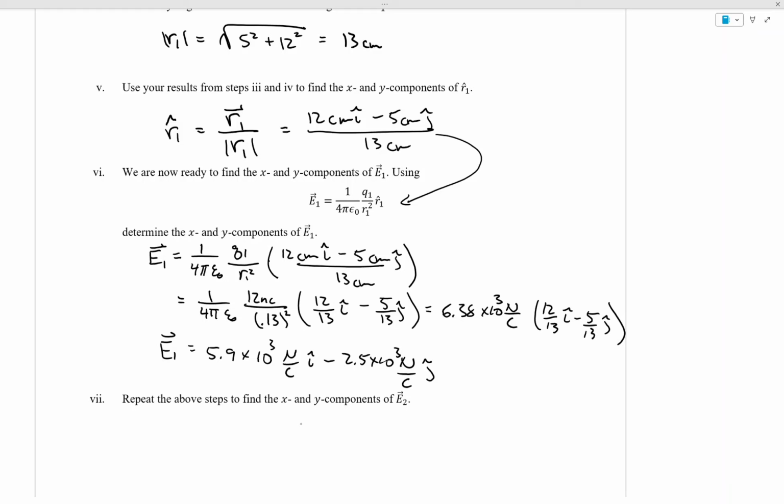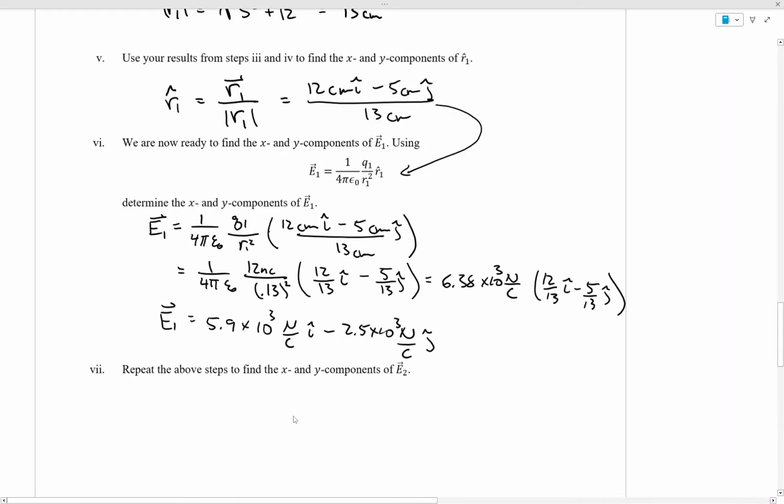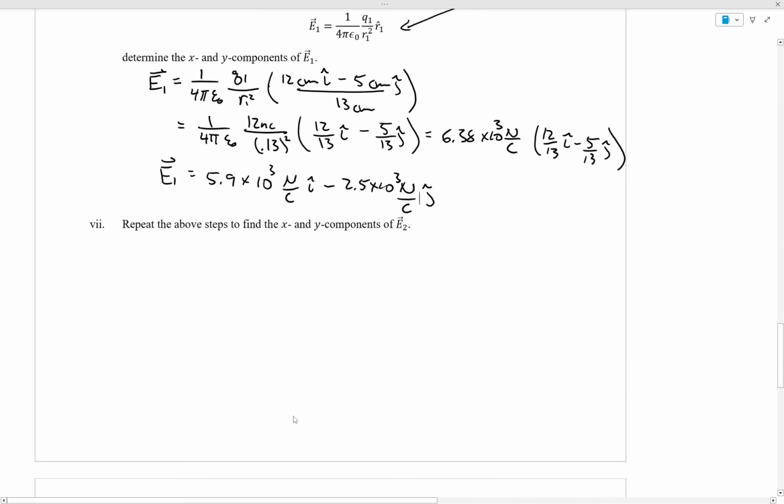So what's our next order of business? We do the same thing except for E2. What does E2 look like? It's going to look almost exactly the same, except E2, remember, was pointing like this. Basically, there are two differences.